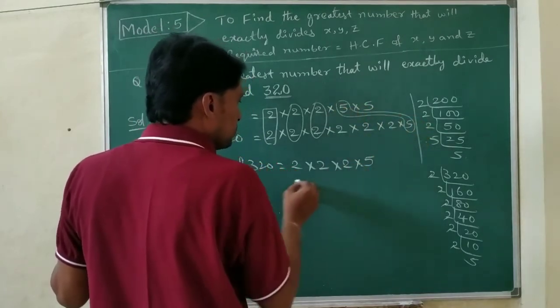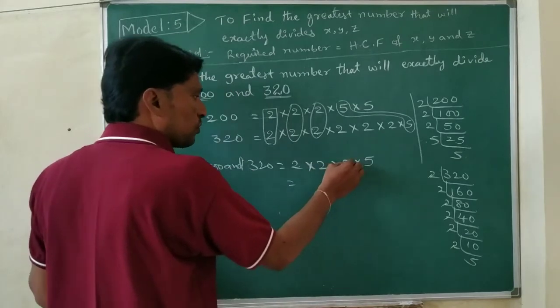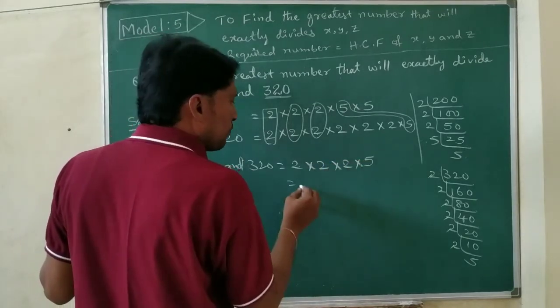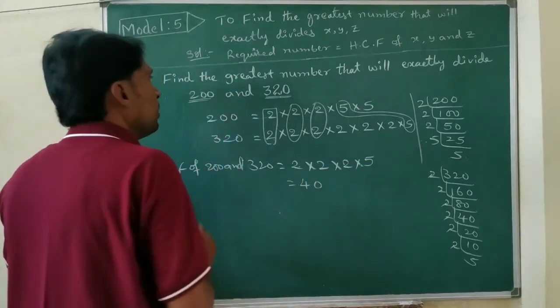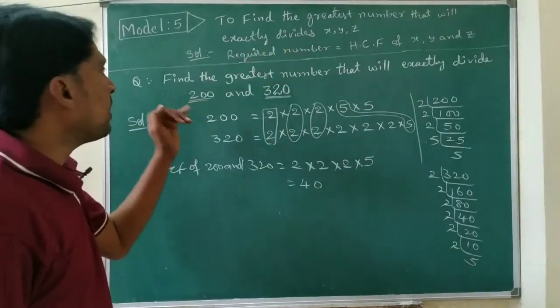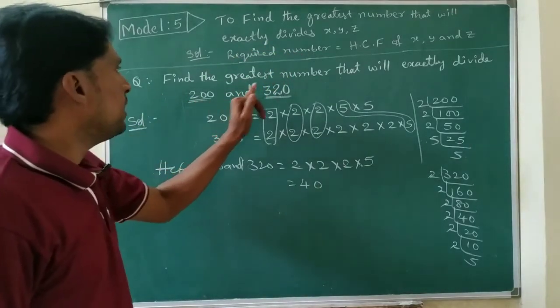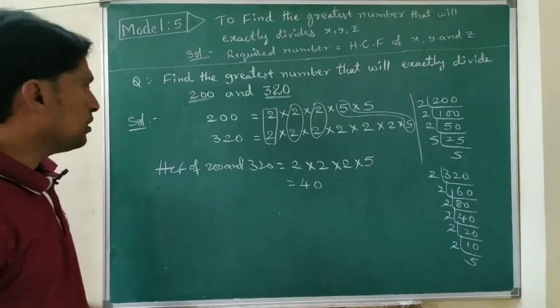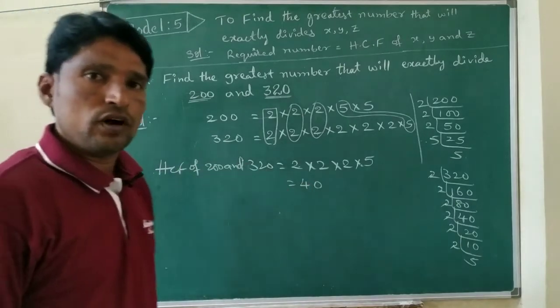That 5 you can write. So 2 into 2 is 4, 4 twos are 8, 8 fives are 40. So the greatest number that exactly divides 200 and 320 is 40. The required number equals 40.